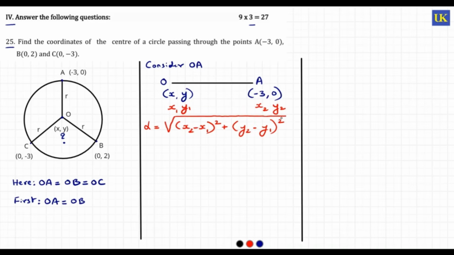Now we will just input the values. We know x2, x1, y2, y1, which I have already written and kept here. So already we know the values of x1, y1, x2, y2, and we have to just input the values.